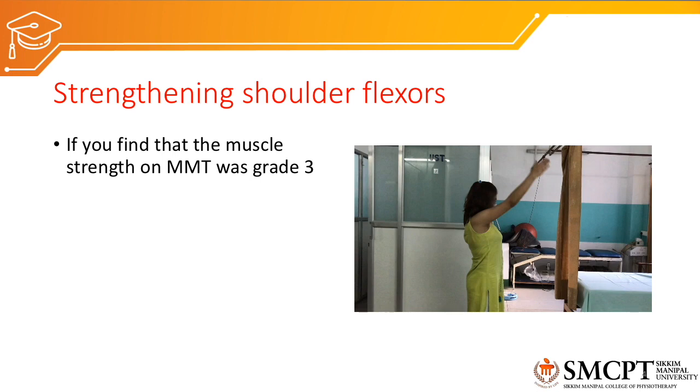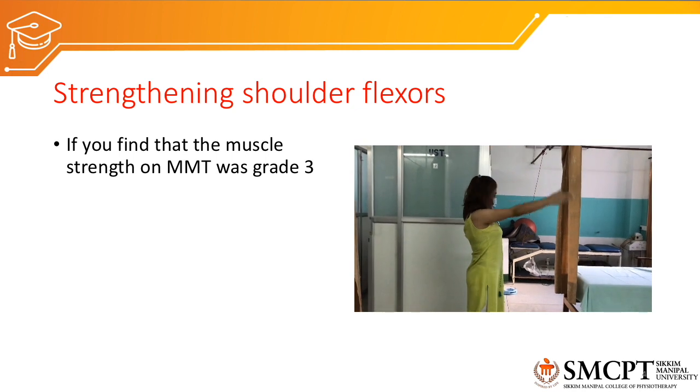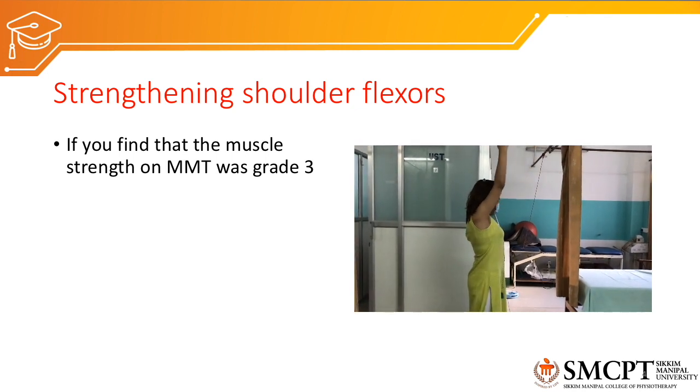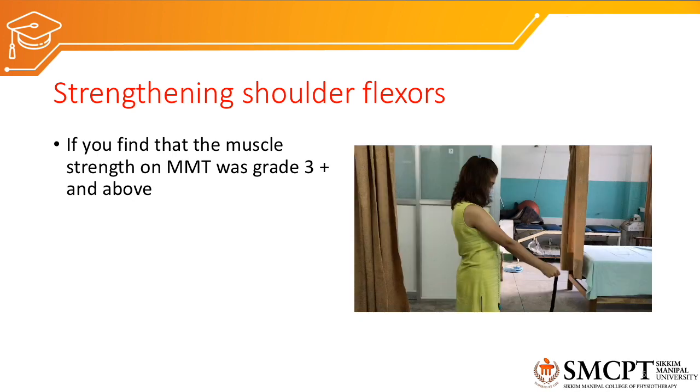Once the patient improves from grade 3 to grade 3 plus, that means the patient is able to take some amount of resistance, then we can start applying resistance against the movement. For grade 3 plus, let's view the next slide.